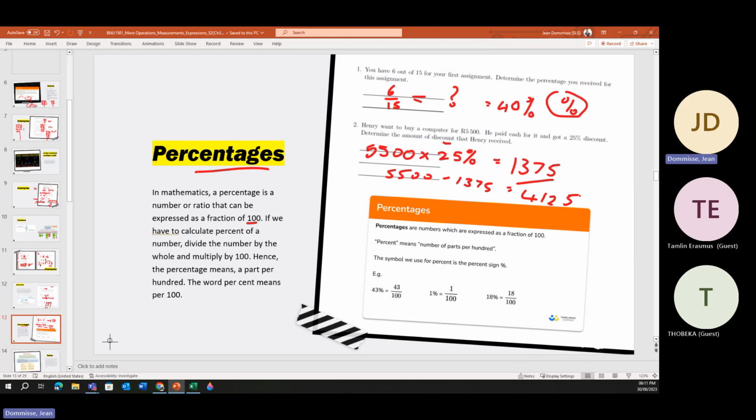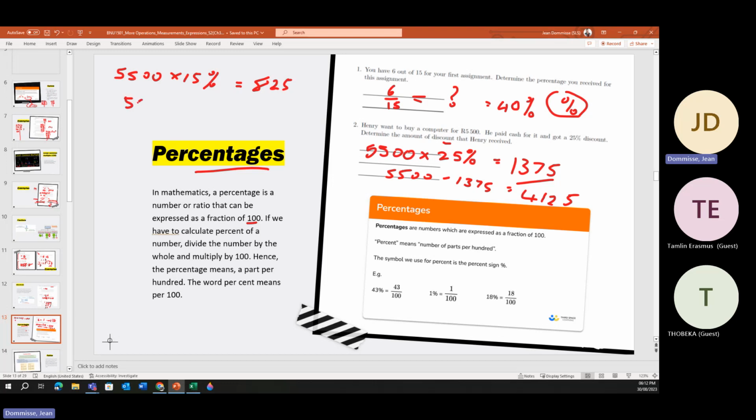They can also ask you something like, that 5,500, you need to pay tax on that. Tax is 15%. So if you pay tax on it, what will the tax amount be? So that is 5,500 times 15% gives you 825. And then they can ask you, okay, but what's the final answer? How much will you pay in the end?